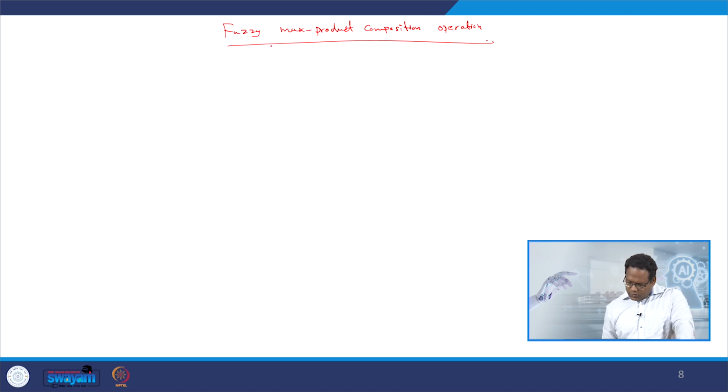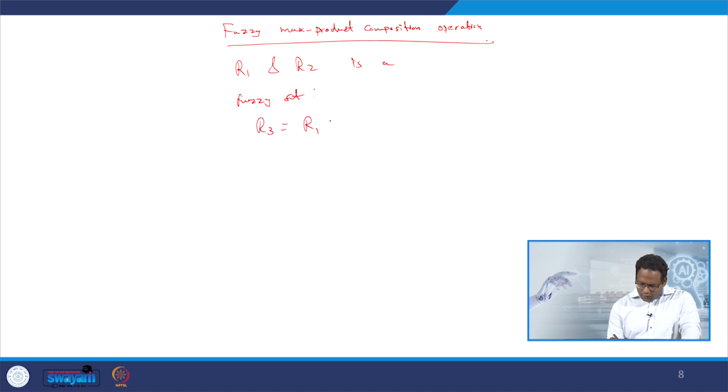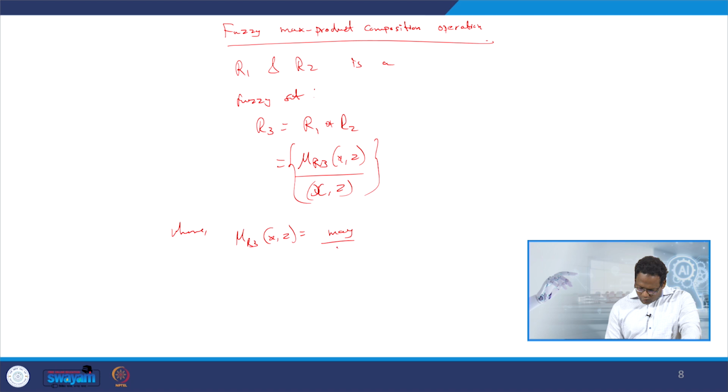The fuzzy max product composition of R1 and R2 is a fuzzy set defined by R3 equal to R1 product of R2, which is nothing but mu R3 of x comma z upon x comma z, that is all, where mu R3 of x comma z is given by maximum over y of mu R1 of x comma y multiplied by mu R2 of y comma z, that is all.